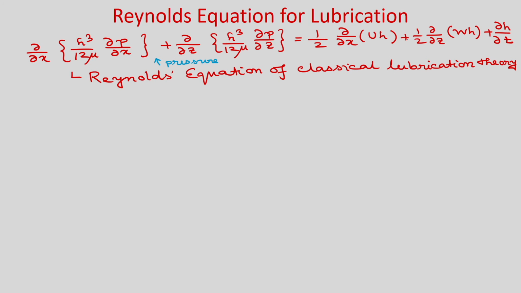The first two terms on the right hand side are the shear induced flow by the surface sliding with velocity u. And del h by del t, the change of height with respect to time in the normal direction, gives the squeeze action.